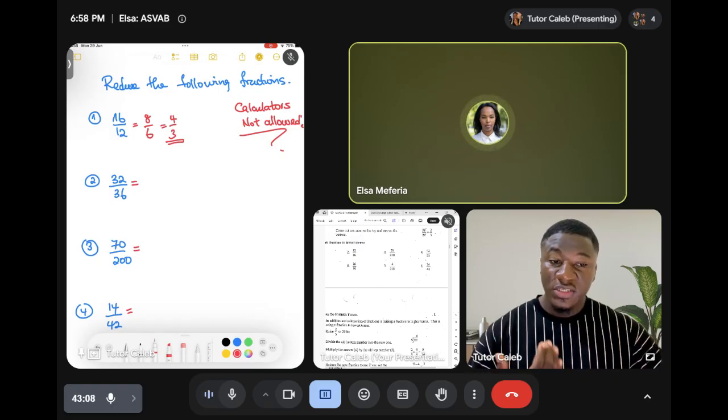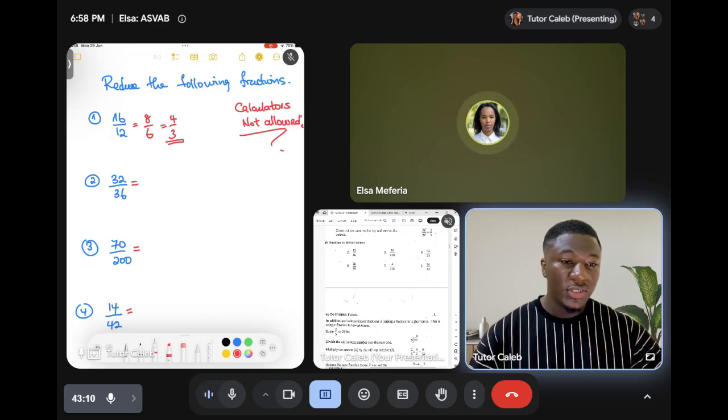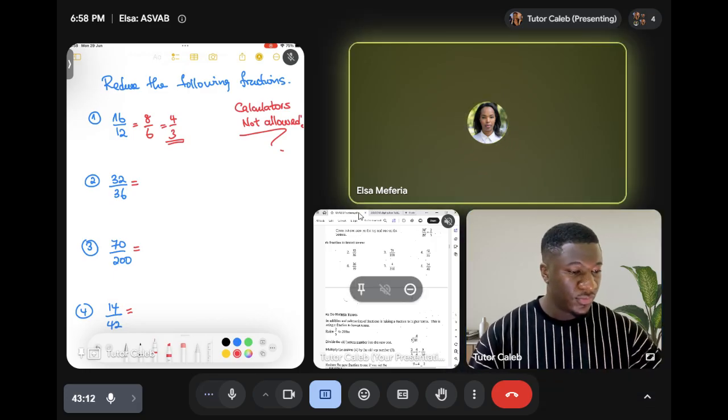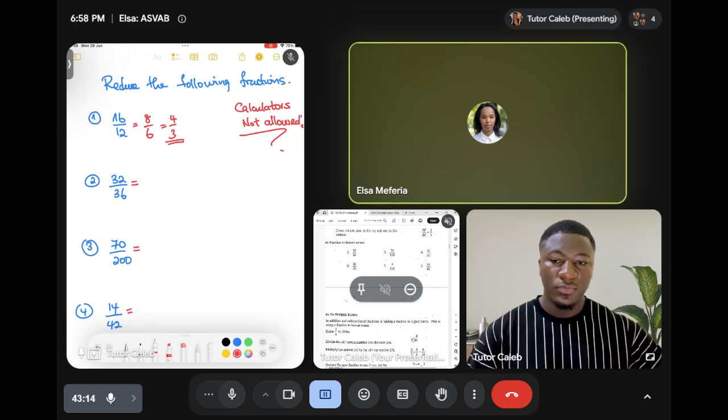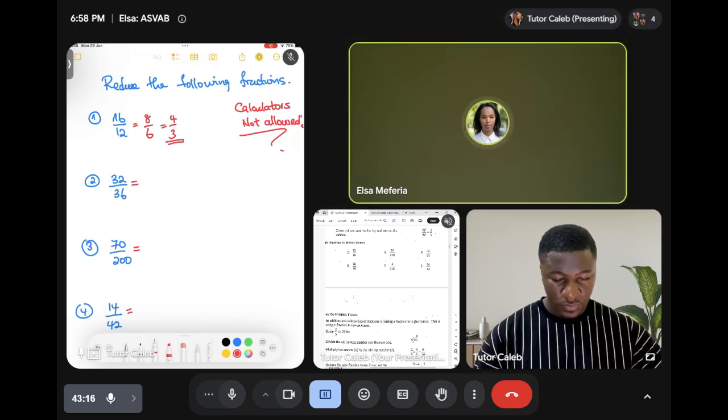Did you end up sharing the image in here? Is there a way to share that table? Okay, I got it. Just give me time. I'm sorry. Tutor, Caleb. Good. I have it right in front of me.